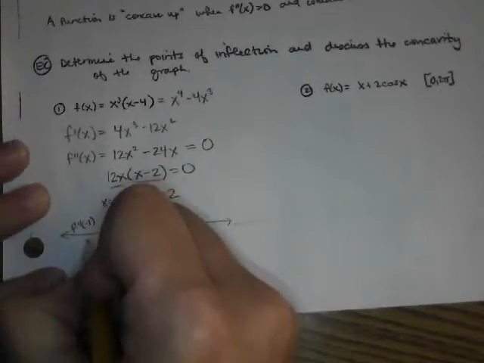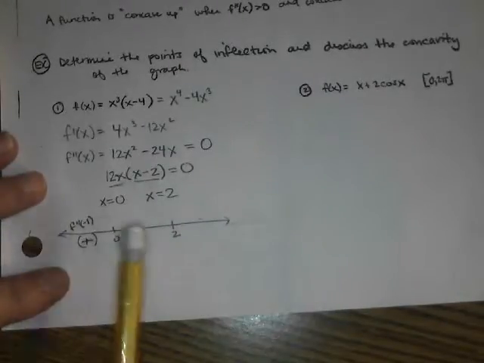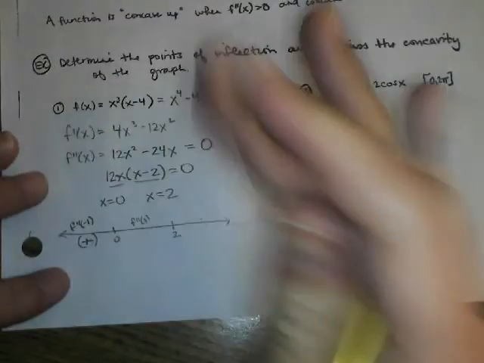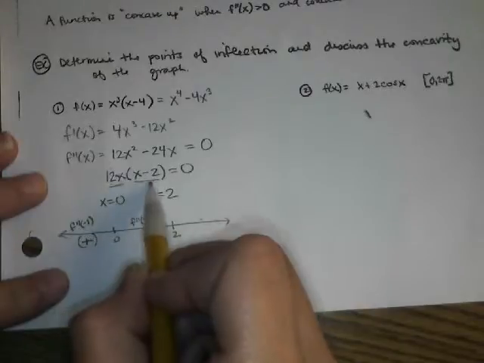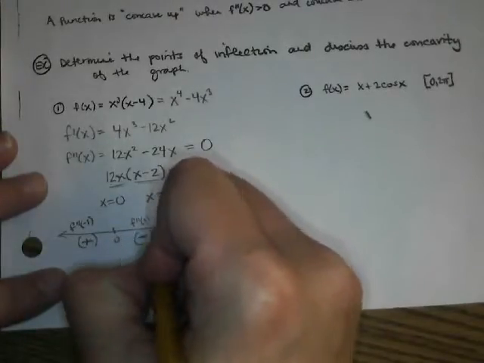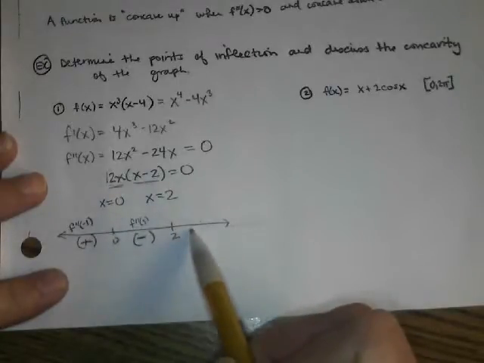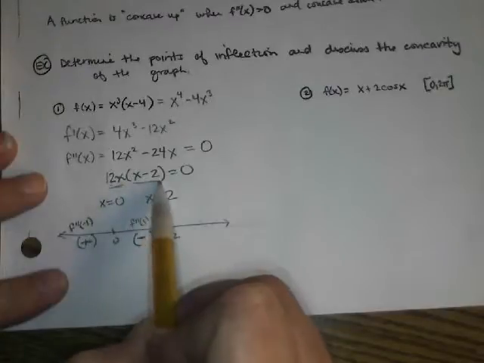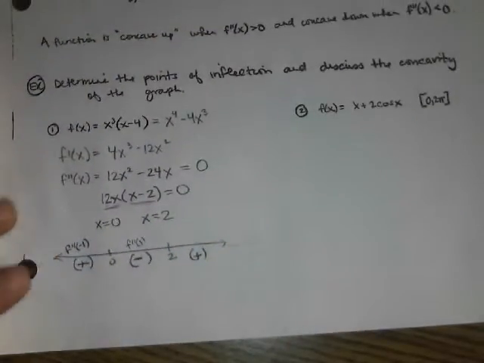If we plug in 1, so f double prime of 1, I get a positive times a negative, which is a negative. And then beyond 2, at 3, plug in 3, I'm going to get a positive times a positive, which is a positive. So when they say discuss the concavity, first of all, the points of inflection, there is a transition from plus to minus and then minus to plus.